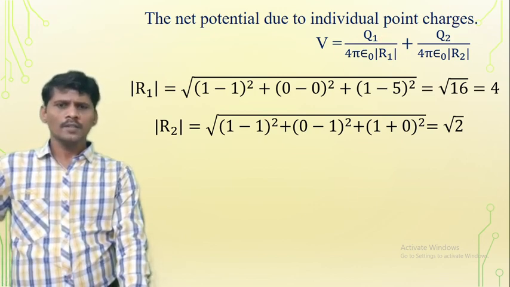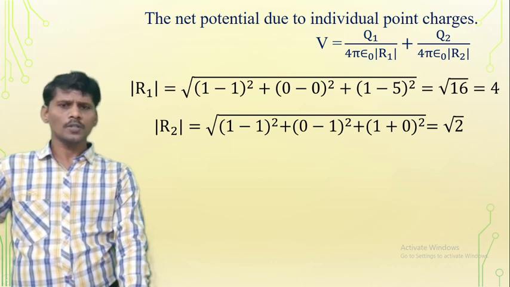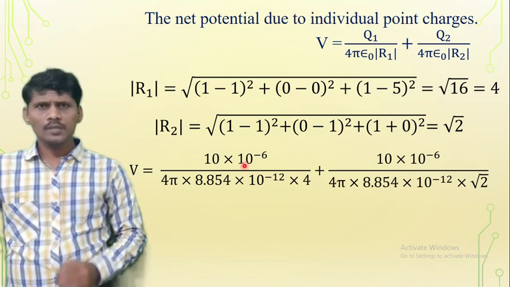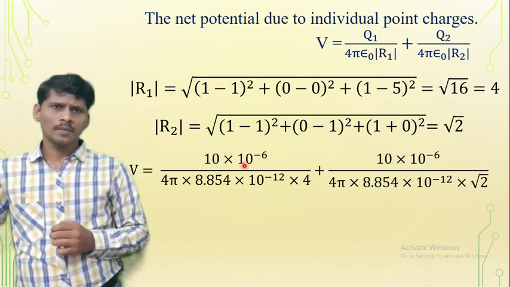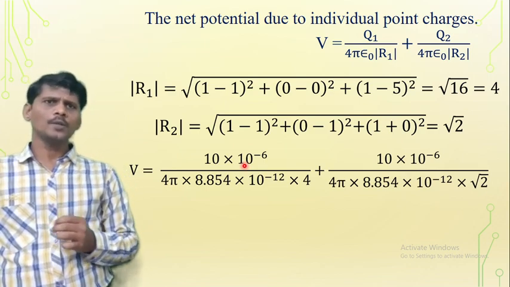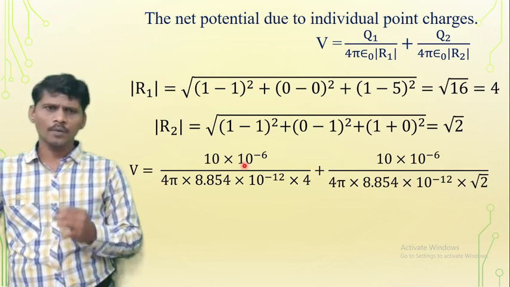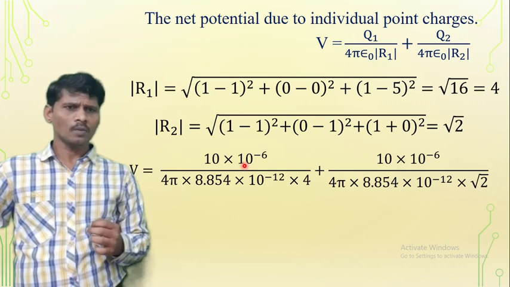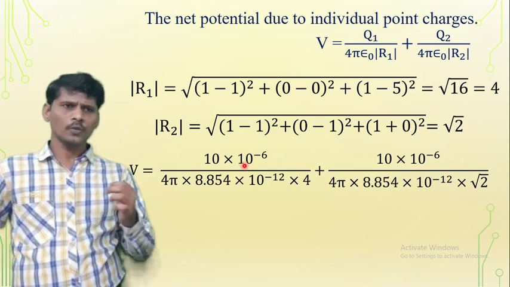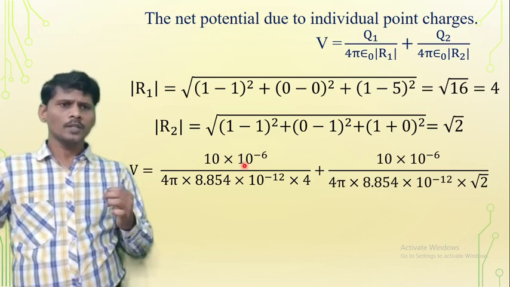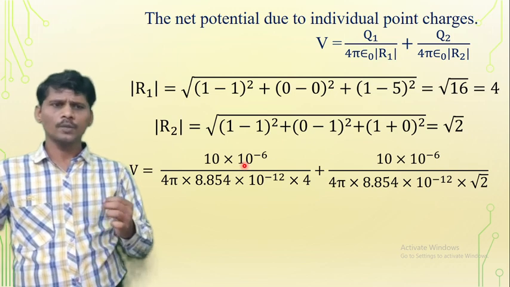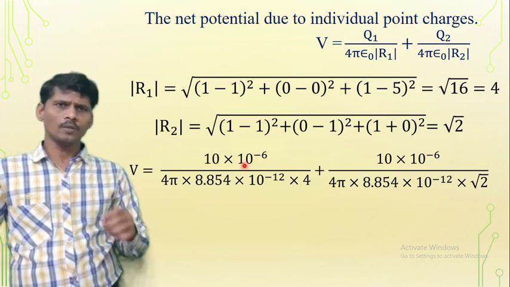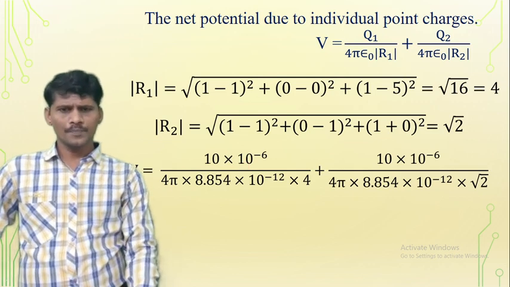We get the net or total potential V is equal to, so Q1 is 10 microcoulombs, 10 into 10 to the power of minus 6, by 4 pi into epsilon naught value 8.854 into 10 to the power of minus 12 into R1 which is 4, plus Q2, 10 into 10 to the power of minus 6 by 4 pi into 8.854 into 10 to the power of minus 12 into square root of 2.